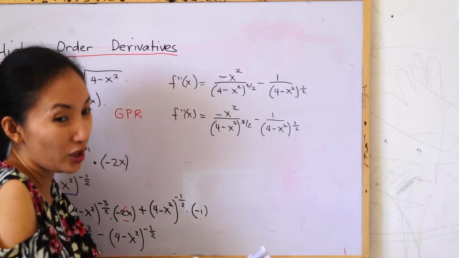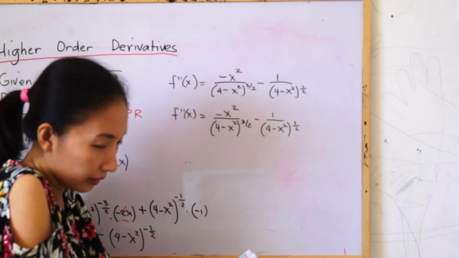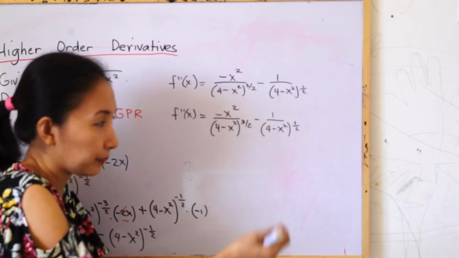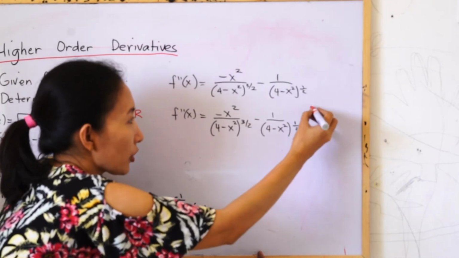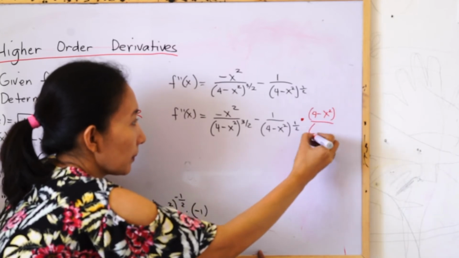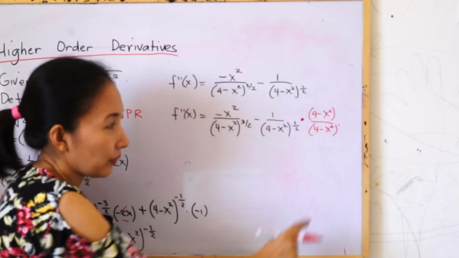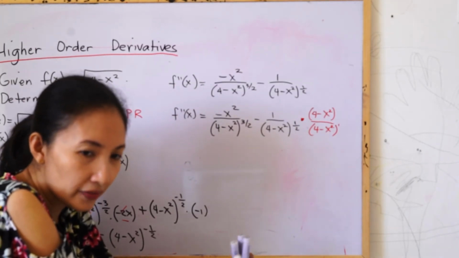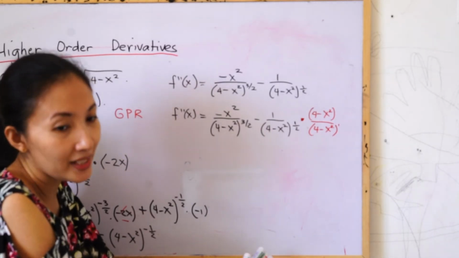What should I add to 1/2 to get 3/2? One. So we multiply the numerator and denominator of the second fraction by 4 minus x squared. Why? Because this is raised to 1, and 1 plus 1/2 is 3/2. Remember, you can only add fractions if they have the same denominator, so we express them as similar fractions.